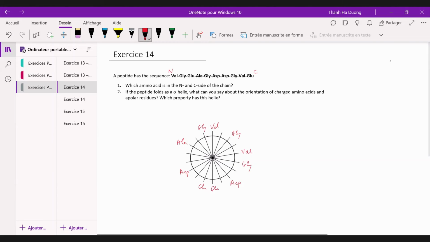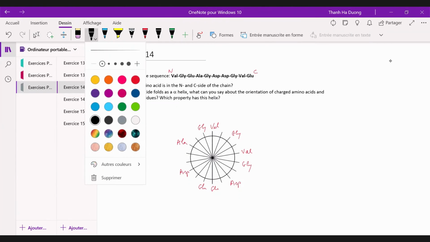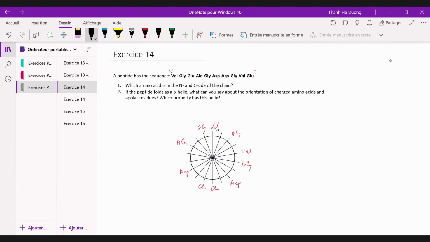Okay, I will put the numbers. So it's 1, 2, 3, 4, 5, 6, 7, 8, 9, and 10.